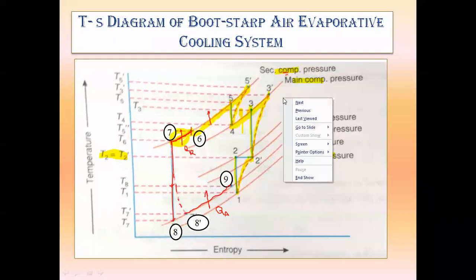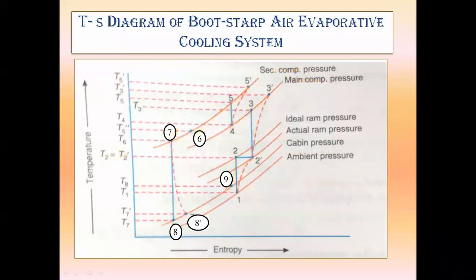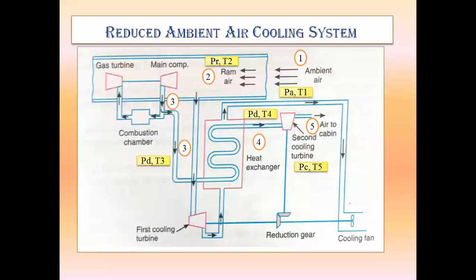Now only the last two systems remain. The next system will be called the reduced ambient air cooling system, and the last system will be called the regenerative air cooling system. What is the time? The time is 2:06. Okay. So we have to stop our lecture here because your next lecture will be at 2:15.